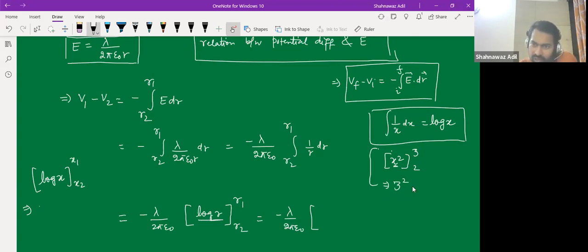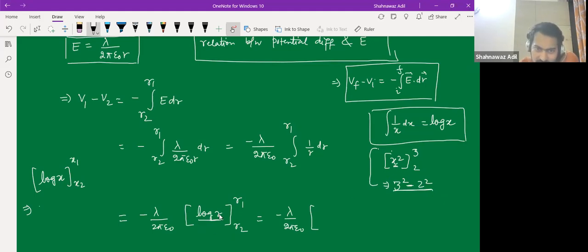This is the upper limit, and minus the lower limit. So what would be in here? Minus 2 square. Absolutely right. Good.